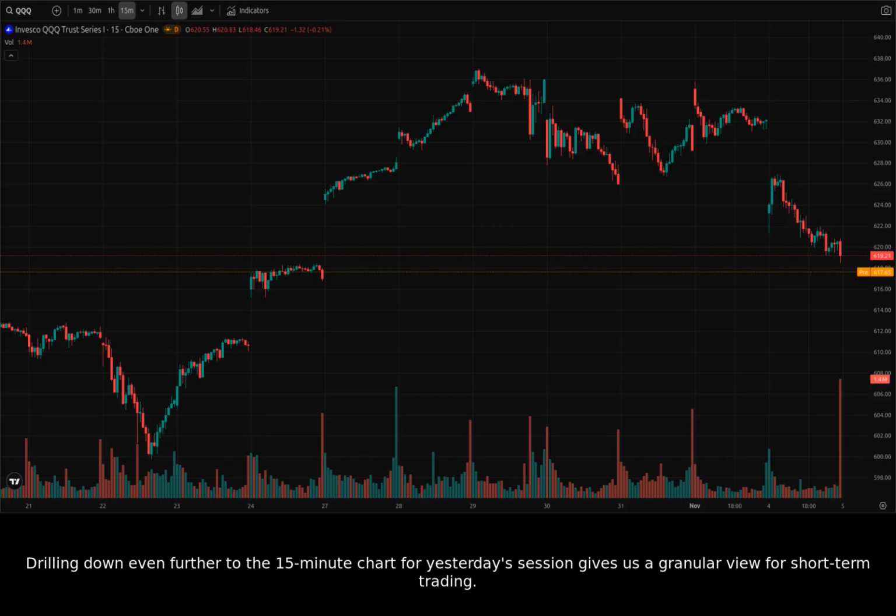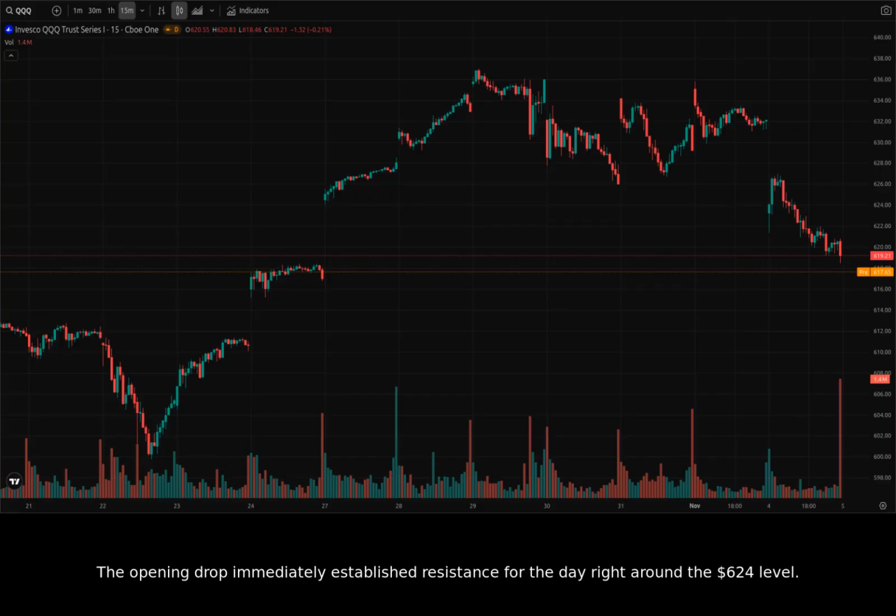Drilling down even further to the 15-minute chart for yesterday's session gives us a granular view for short-term trading. The opening drop immediately established resistance for the day right around the $624 level. After a brief consolidation, the selling pressure resumed, pushing the price to its session low of $618.45.